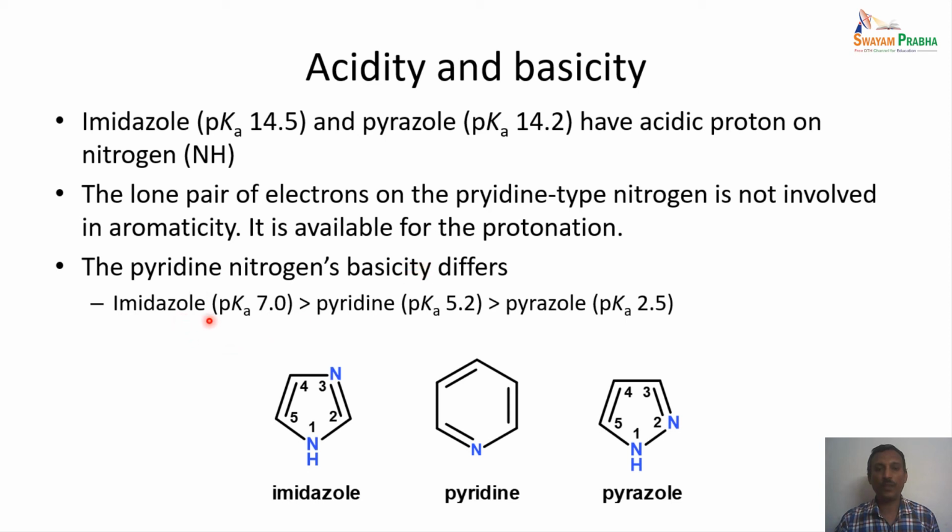In the case of imidazole the pKa is 7, whereas in the case of pyrazole the pKa is only 2.5. Pyridine's pKa is 5.2. So we can say the pyridine-like nitrogen's basicity differs between imidazole and pyrazole.